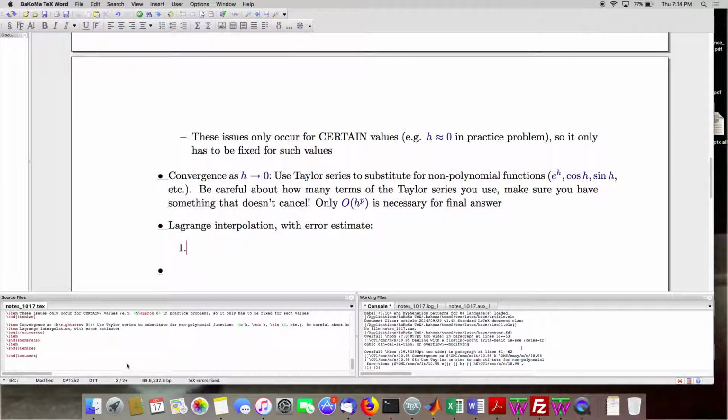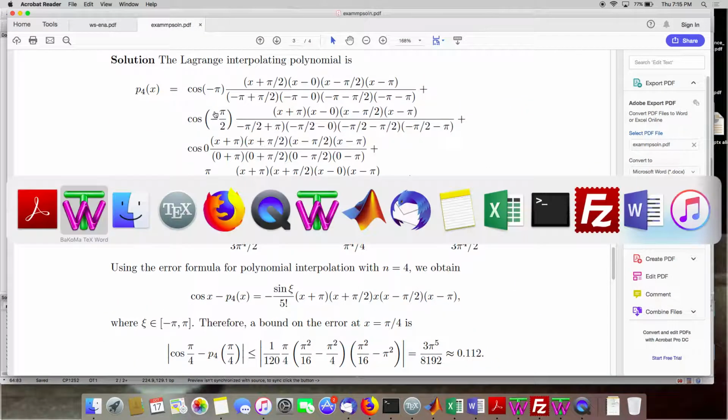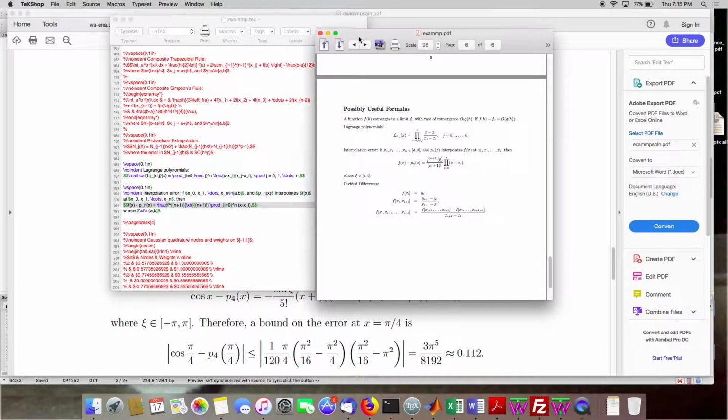So what you do is first form the Lagrange polynomials for given x values, x0, x1, up to xn, using the formula that's given on the formula sheet for the Lagrange polynomials.